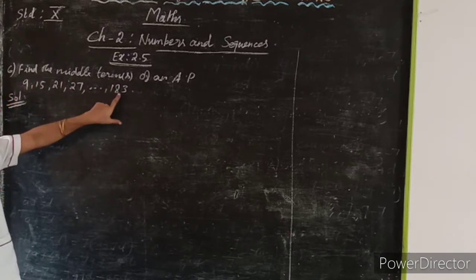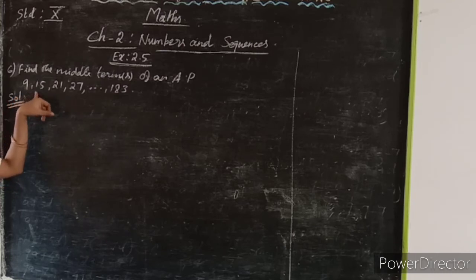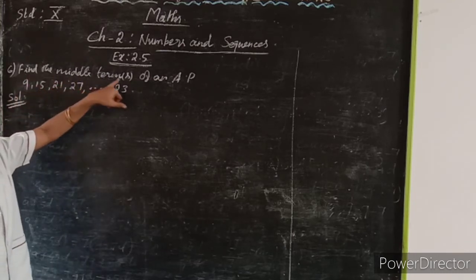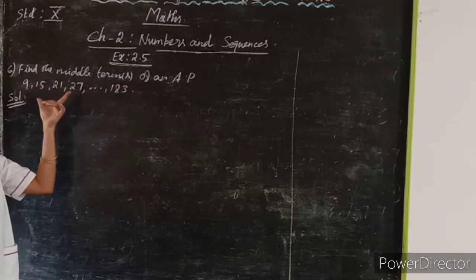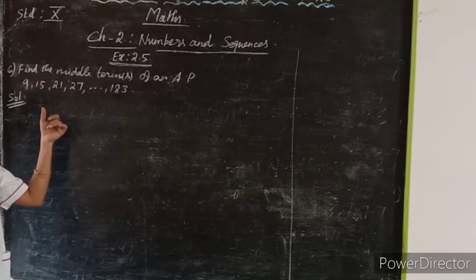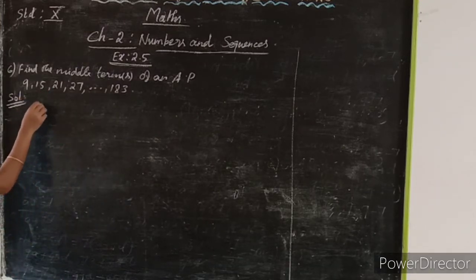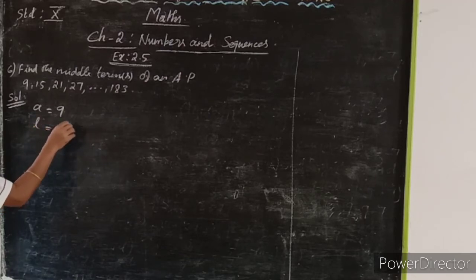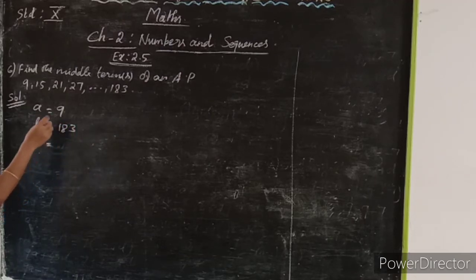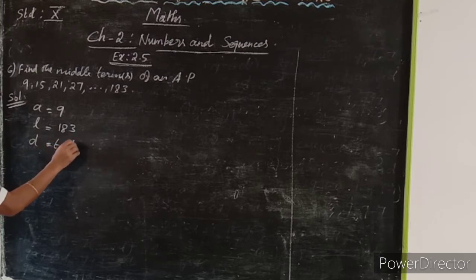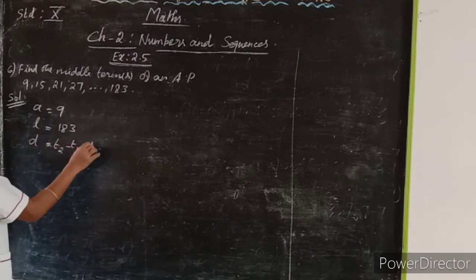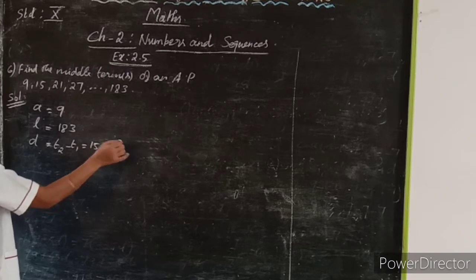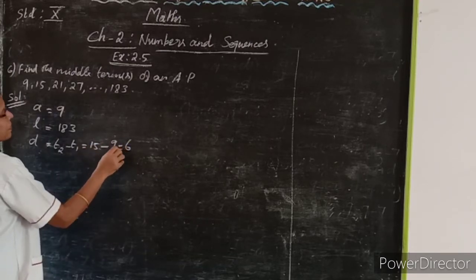This is the first term, this is the last term. We know the common difference is T2 minus T1. Find the middle terms. First of all we find how many terms are here, then only we can find the middle term. So here A is 9, the last term L is 183, and D is T2 minus T1, which is 15 minus 9, equal to 6.